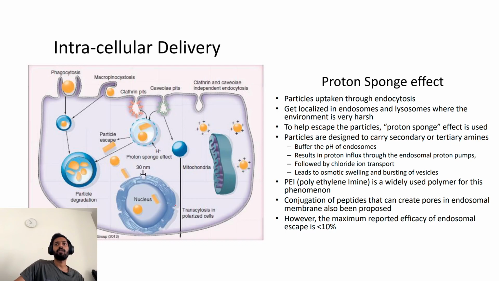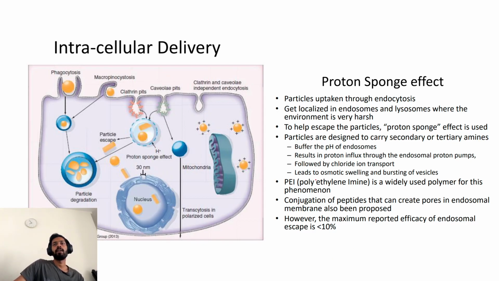The reason it's called proton sponge effect is because there is a sudden influx of H plus ions as well as chloride ions, Cl minus ions, and along with the chloride ions, water also enters the vesicles. That's why you see this osmotic swelling and eventual bursting of the vesicles.